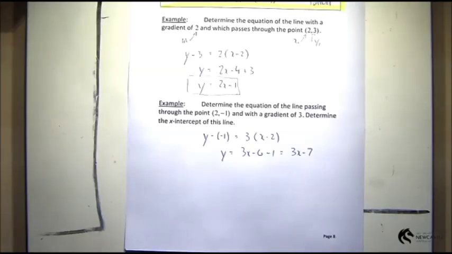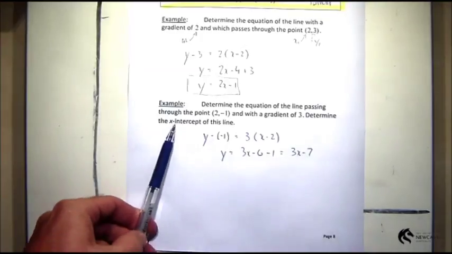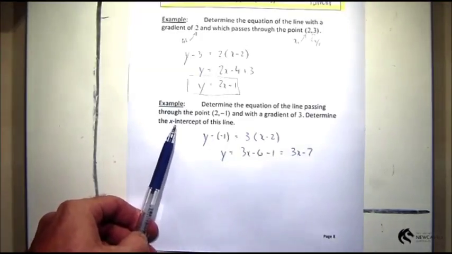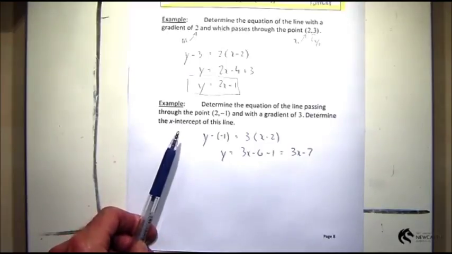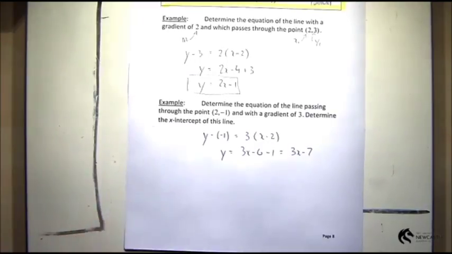This question's got a little bit extra added to it. It says determine the x-intercept. And this time I did mean x, sitting in here. Now the y-intercept was the y value of the point where we cut the y-axis. The x-intercept will be the x value of the point where it cuts the x-axis. So let's write that down.